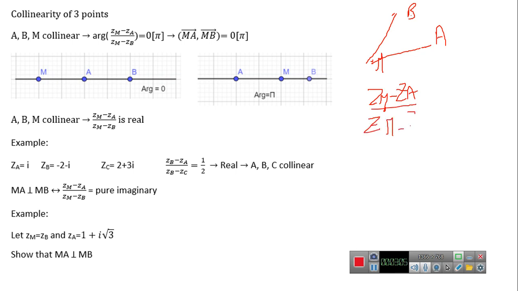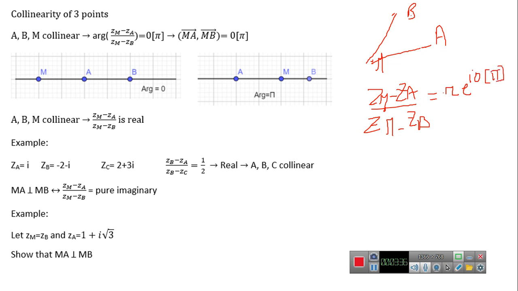So here, as we said, we are comparing norm AM with norm of BM, and as angle you're finding the angle of MA with MB. So if the angle of MA with MB, as the answer, because complex over complex will give you complex, is real, meaning the angle is 0 or pi, it means that they are collinear.